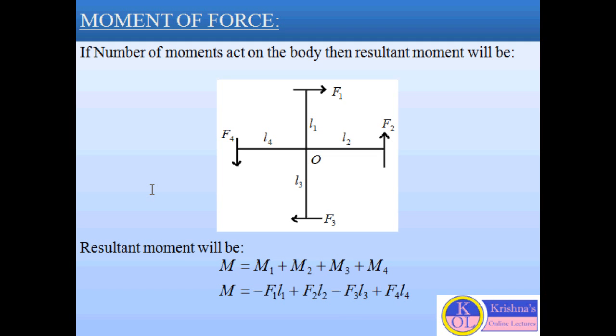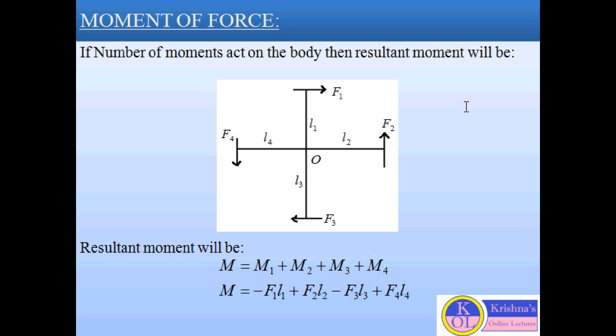In this diagram we are considering a number of forces or moments acting on the body. For that we have to find the resultant moment, which will be the algebraic sum of the moments applied on the body. Here we are considering forces F1, F2, F3, F4, so we have to find the moments M1, M2, M3 and M4.